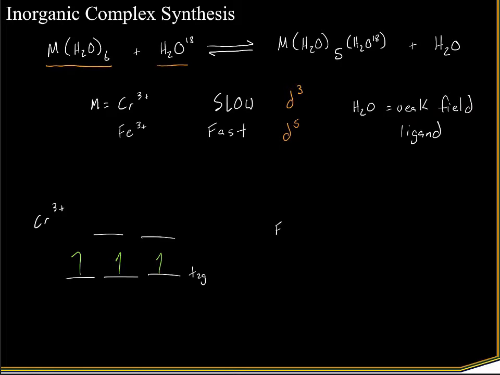However, if we look at iron 3 plus, which is again a D5 metal, knowing that aqua ligands are weak field ligands, that means that this is more than likely a high spin complex. And this means that we have electrons that are both in our T2G orbital set and our EG orbital set. And as we talked about in our last class, this EG orbital set is actually antibonding orbitals.